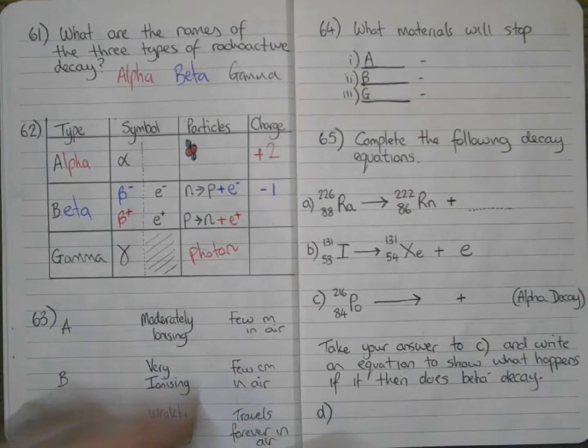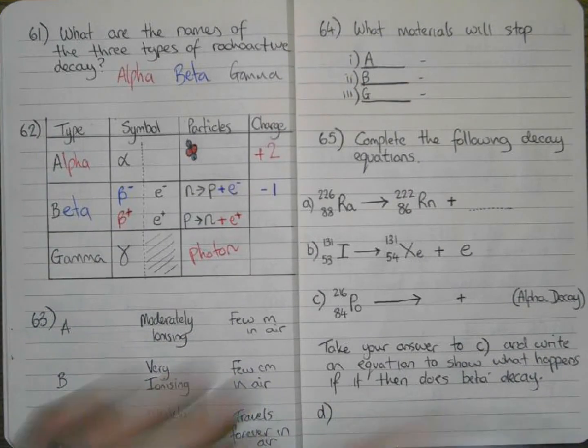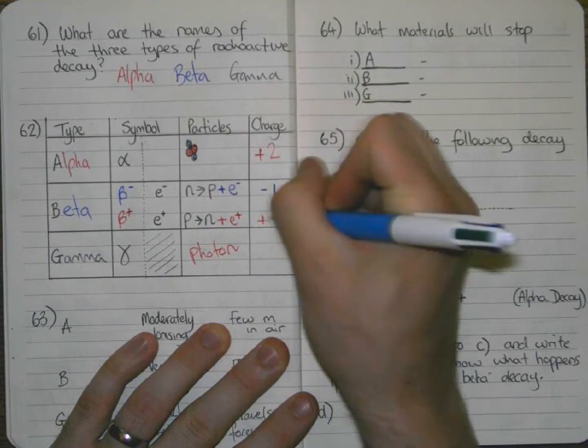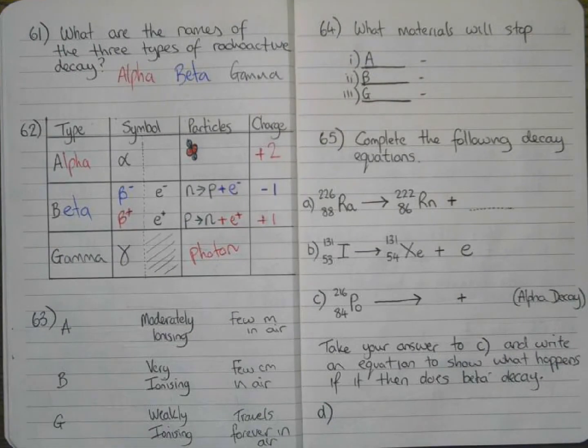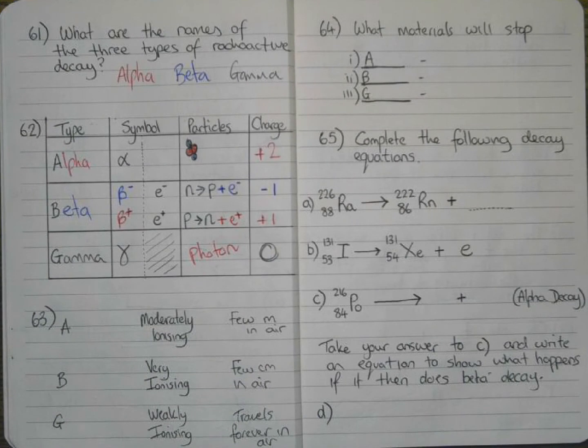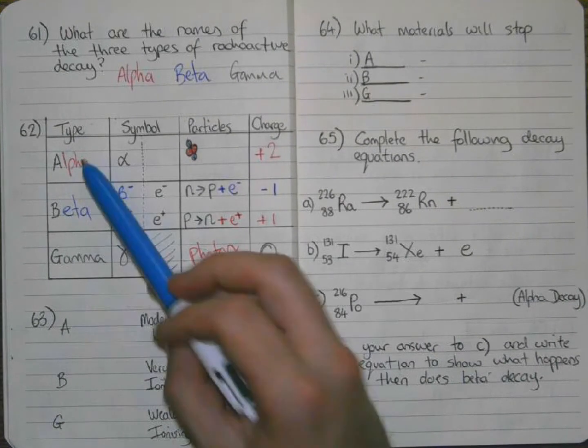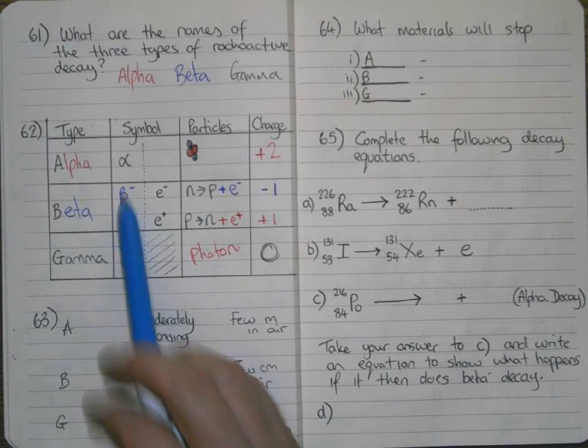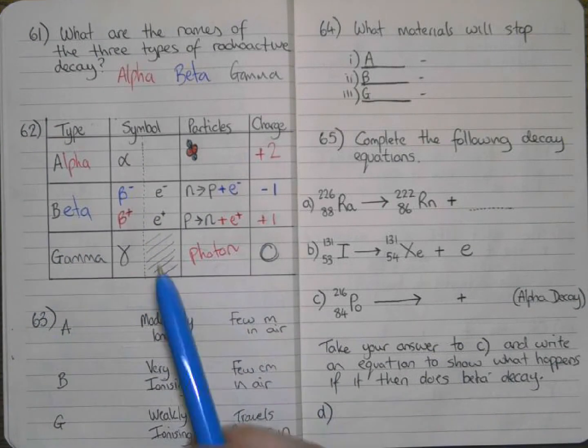The charge of beta plus is +1, and the charge of a gamma photon is 0. So there's our summary table of the 3 types of nuclear radiation, alpha, beta, gamma, but remember there's 2 versions of beta that we've got to be aware of.